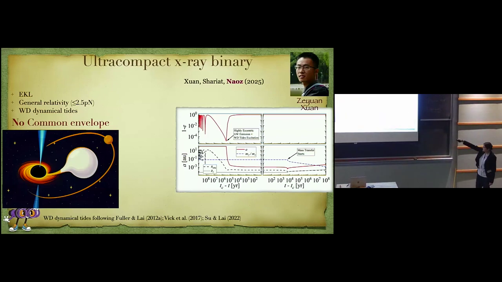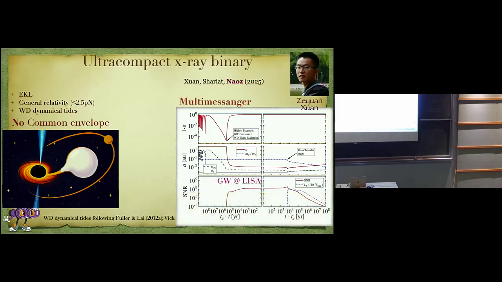And this is what he shows here. Again, 1 minus e, semi-major axis. And this is a high eccentricity, with gravitational waves and white dwarf dynamical tides really help us get this compact X-ray binary. It's interesting because it's also a multi-messenger system. So this is SNR as a function of time.